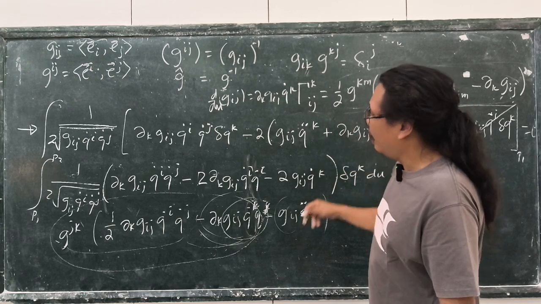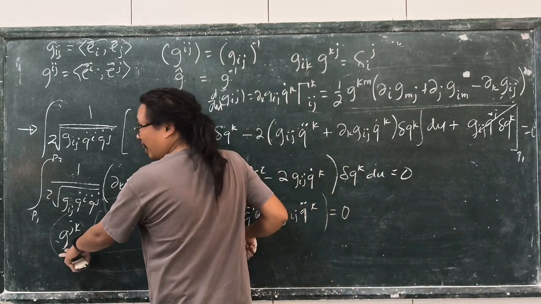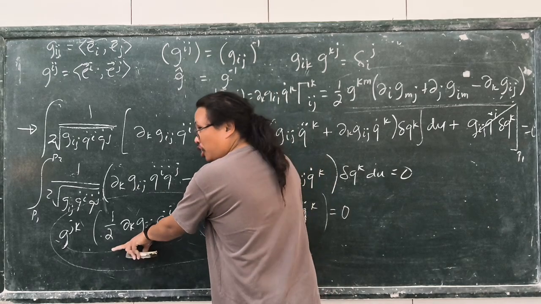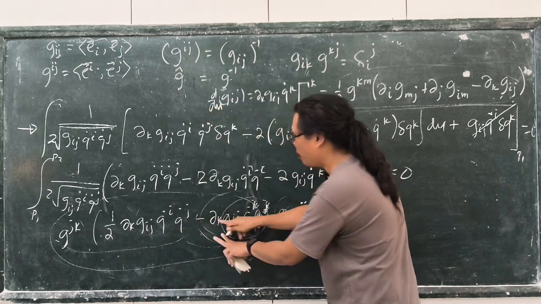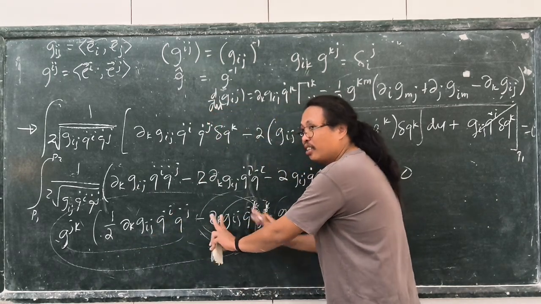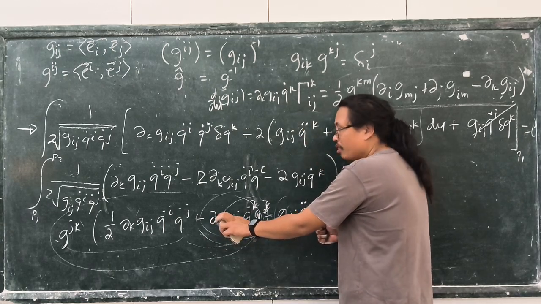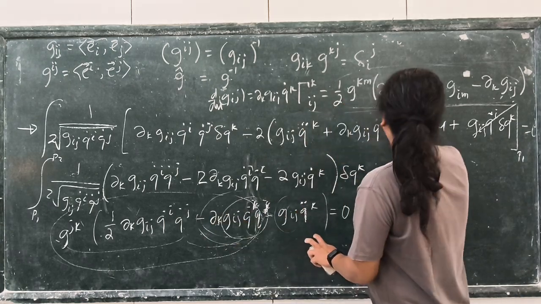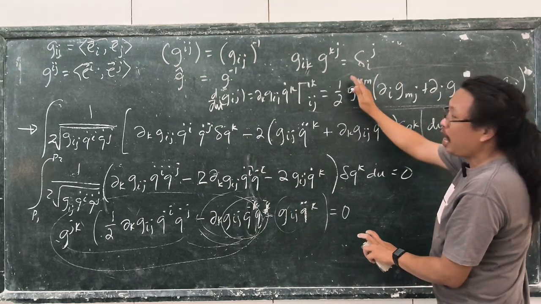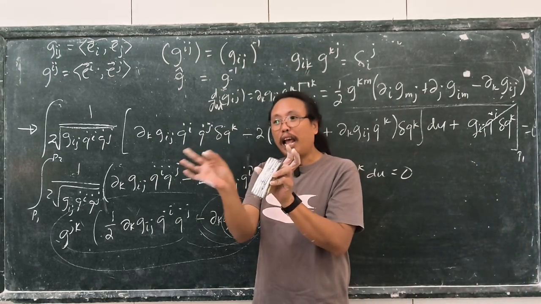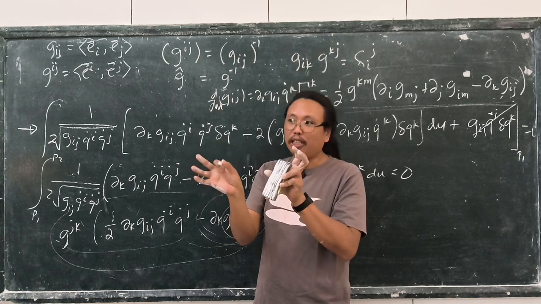Work on this one, manipulate it, because in your book, we can take this into two different terms, 1/2 and 1/2. That's why there's 1/2, right? We can factor out 1/2. Because for those two terms, you can actually change the indices because these are dummy indices.